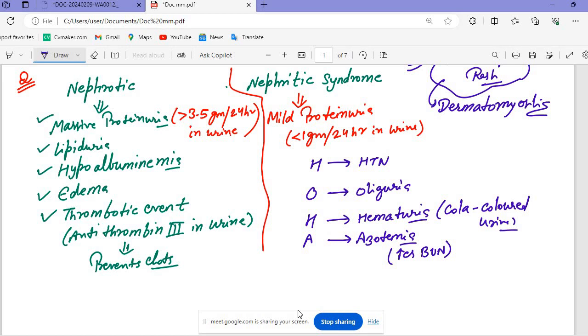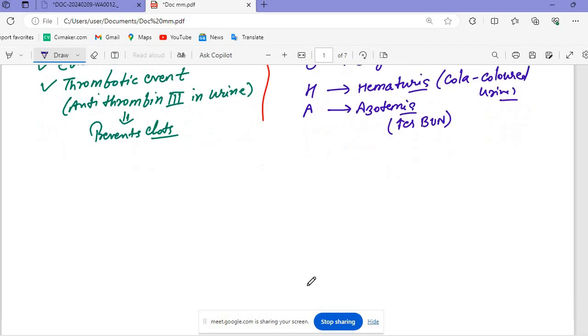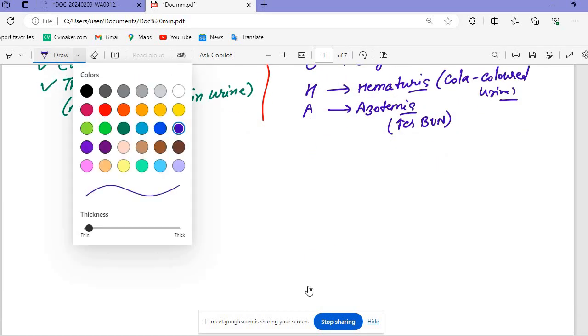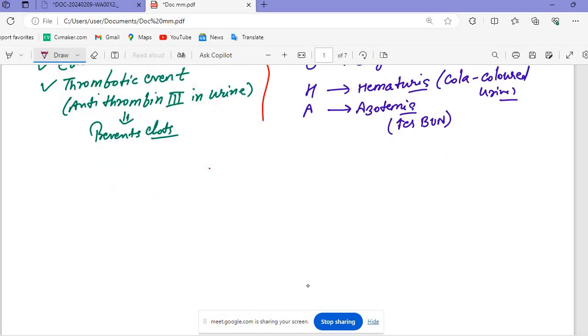Now another important thing about the nephrotic and nephritic syndromes is their examples. We have MCD, that is minimal change disease. Then we have FSGN.